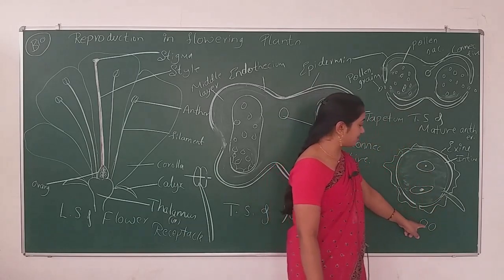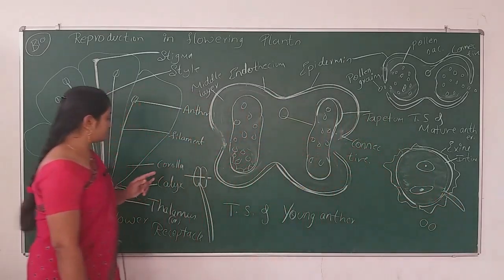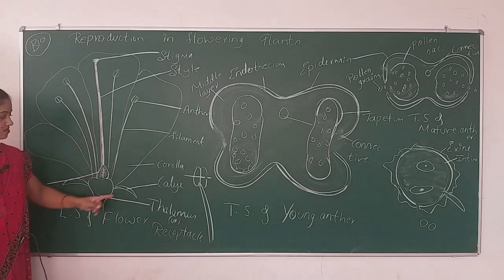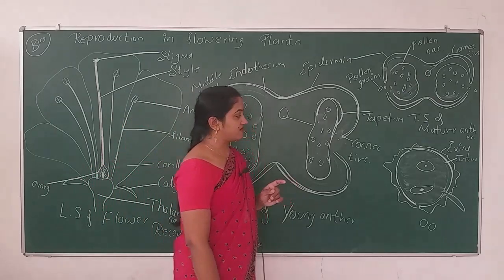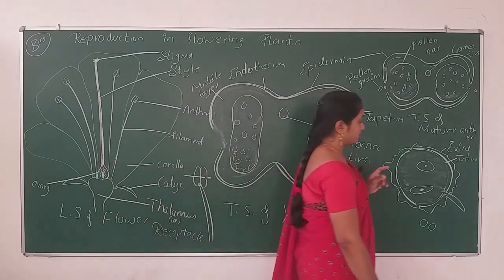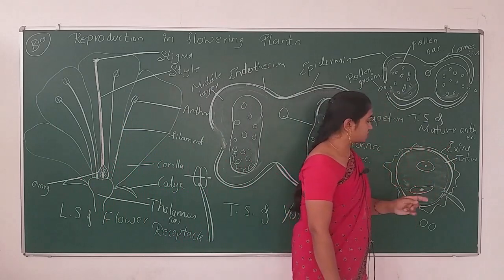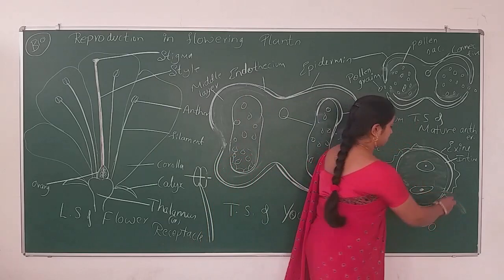Those two male gametes are carried by the pollen tube and reach the ovary of the flower. Only for fertilization does it have to reach there. So coming to our structure, I'll erase this pollen tube now.